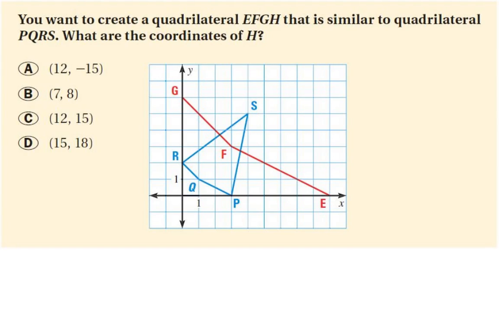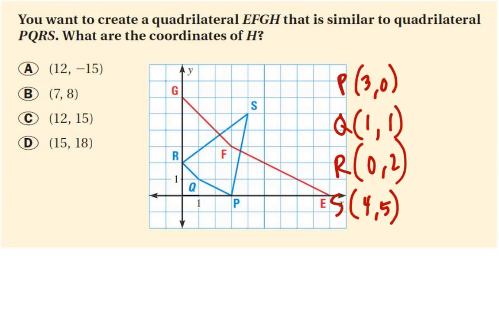One more example. You want to create a quadrilateral EFGH that is similar to quadrilateral PQRS. Well, PQRS is already there in blue. And what are the coordinates of H? My graph isn't even big enough to figure out where we would even plot this. But we've got multiple choices here, and what we're going to do is try and figure out where coordinate H is going to be.